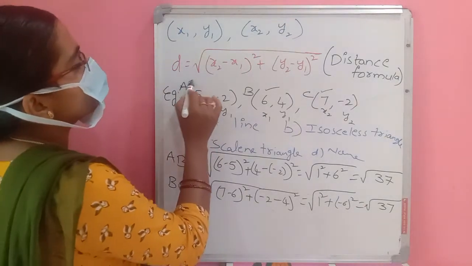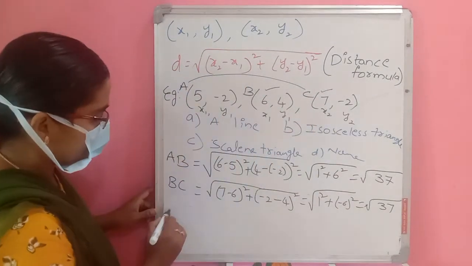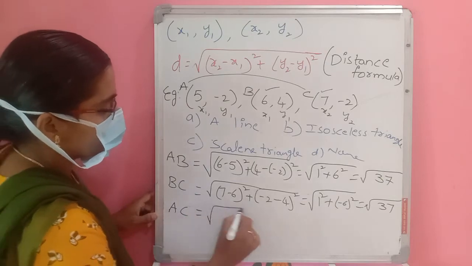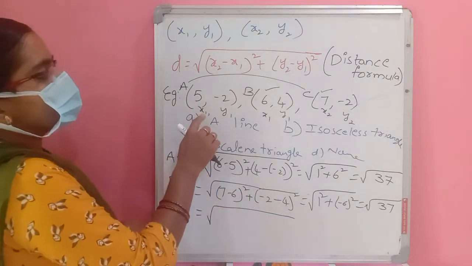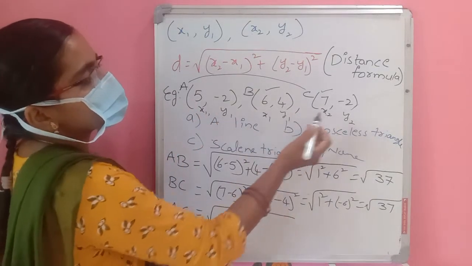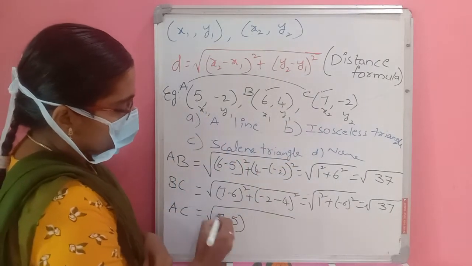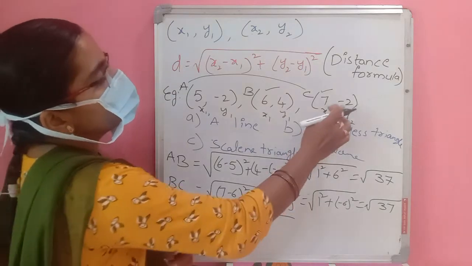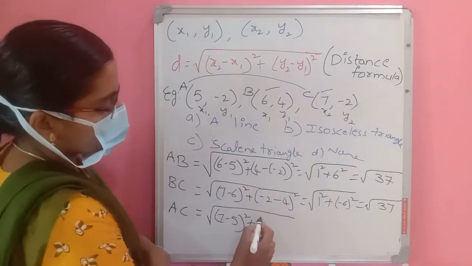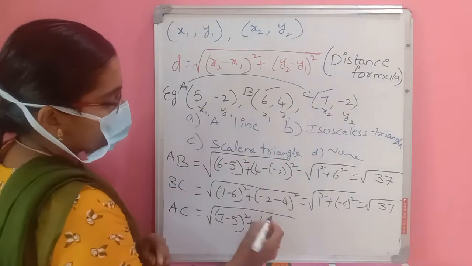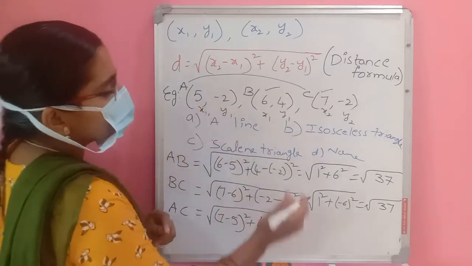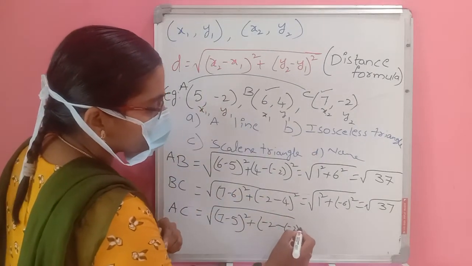And distance between A and C, AC, square root of. Now this x1 y1, now this x2 y2. 7 minus 5 whole square plus y2 minus y1, y2 is minus 2, minus y1 is again minus 2, whole square.